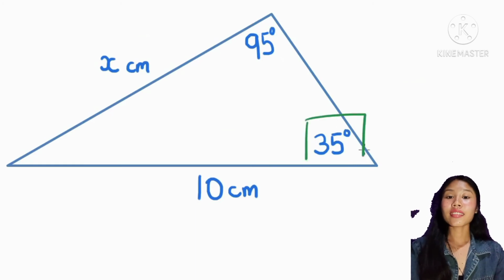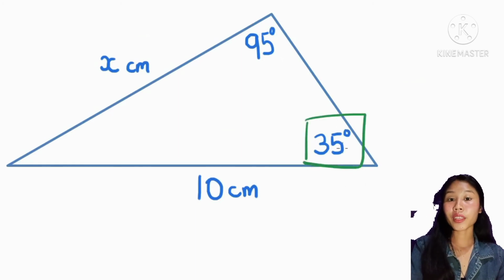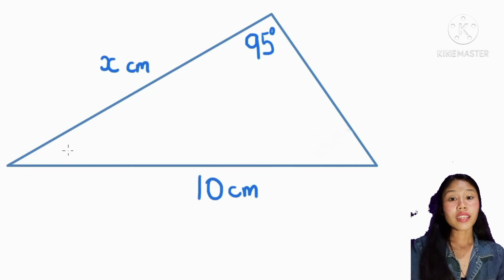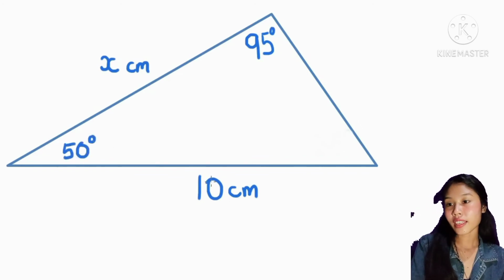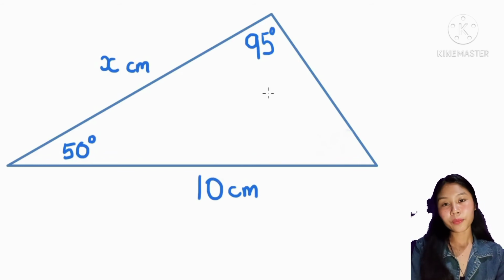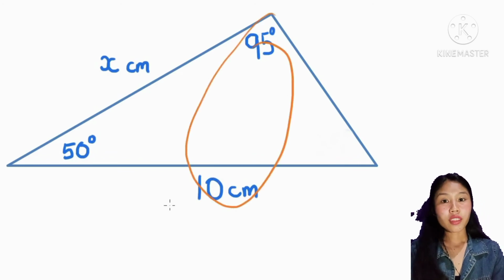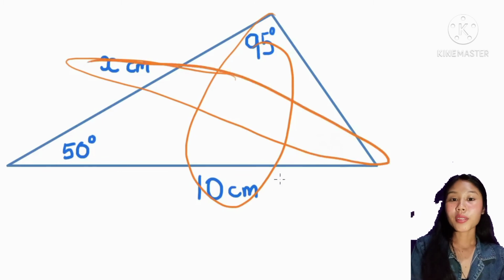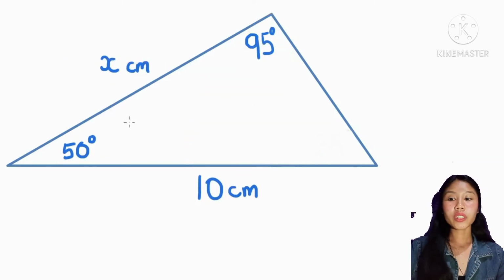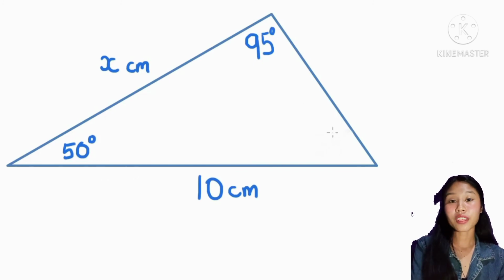Now let's take an example where they haven't given the value of the opposite angle of the unknown number. Instead, they put 50 degrees on the other side. Let's first find the measurement of the angle opposite the unknown side. So we subtract 95 and 50 from 180 degrees.